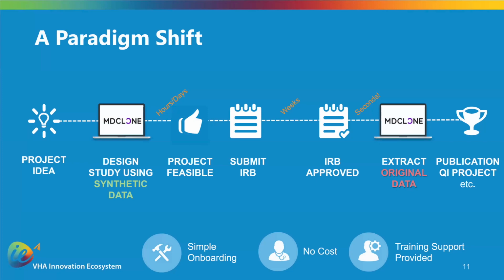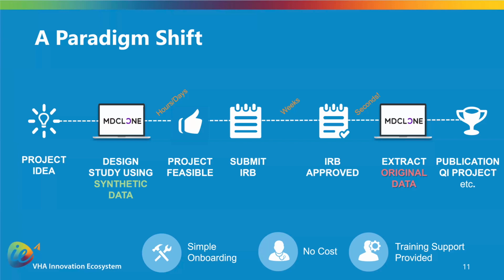This diagram illustrates how they can go rapidly from project idea to the end point of their project. They iterate through study design using synthetic data, evaluate feasibility of their idea while they're considering an IRB.